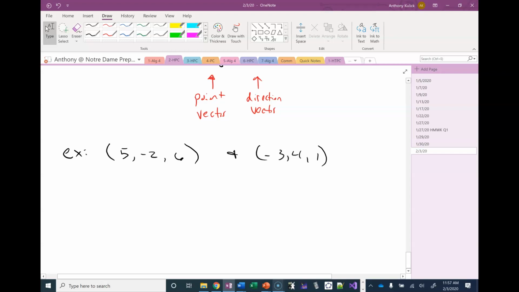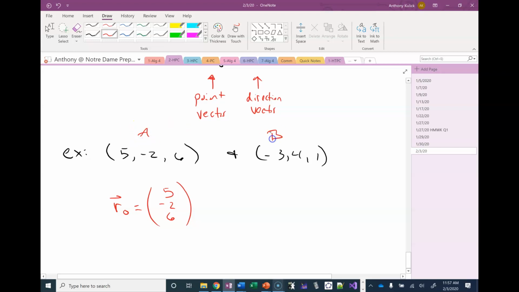Sam, you asked about this during the homework check. So we're just going to pick one of these 2 points to represent our point vector. Doesn't matter which one we pick. I'm just going to pick one as r naught.